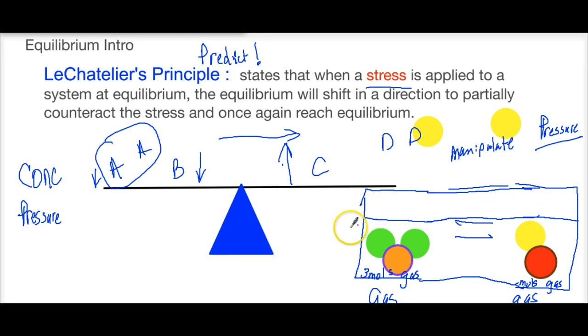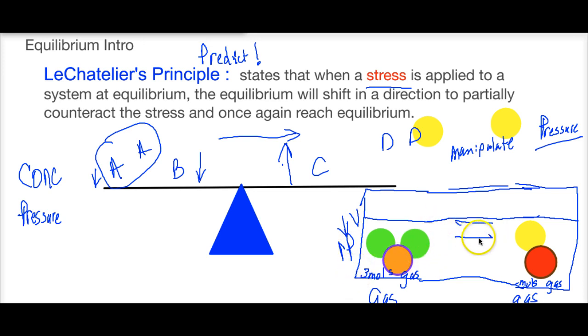Now we've reduced the volume, and if we reduce the volume, we've increased the pressure. If you increase the pressure, it was at equilibrium, now the system's going to try to get back to equilibrium. The only way it can is to have the pressure return to what it once was. What's the easiest way to do it?